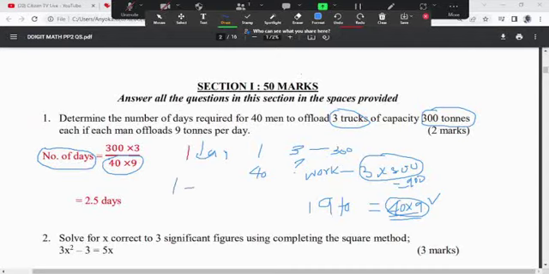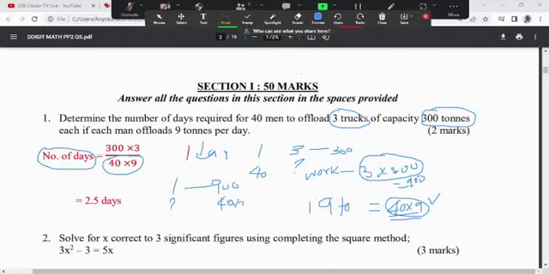In one day, they will do the work of 900 tons. What about how many days they will take to do 40 times 9?